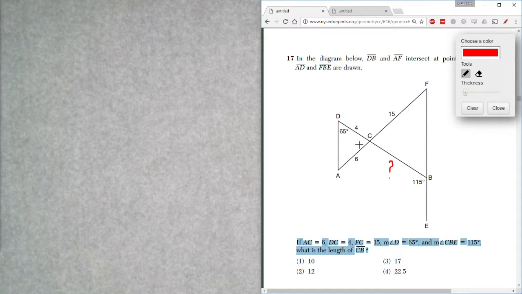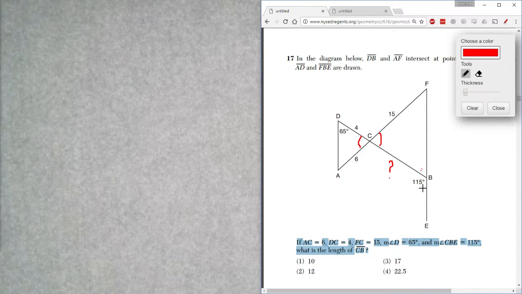These look like a pair of similar triangles. And if I could show they were similar, then I could do my little equivalent fractions business. Well, I've got vertical angles over here. That's a start. 115, and this over here, they make a straight line.